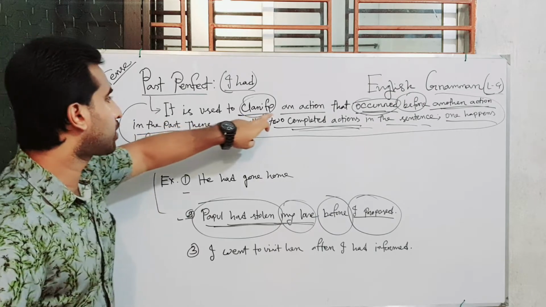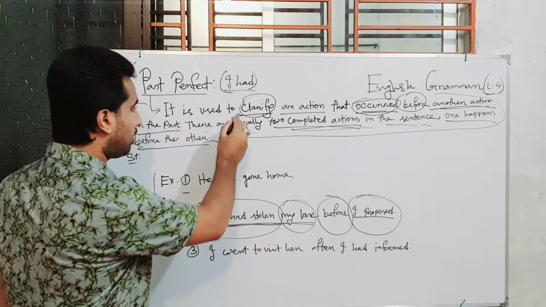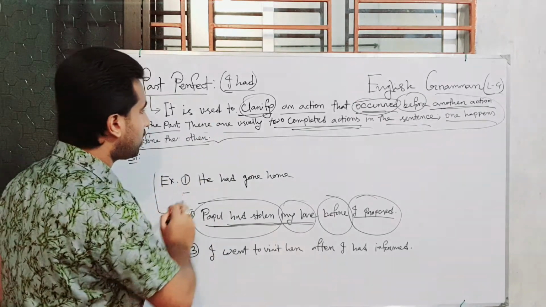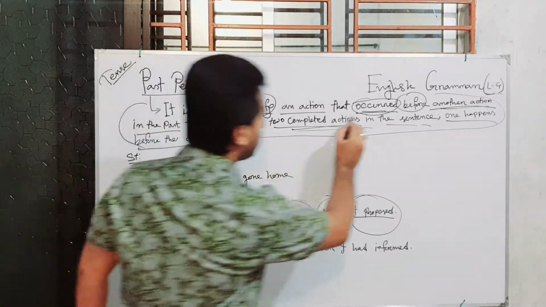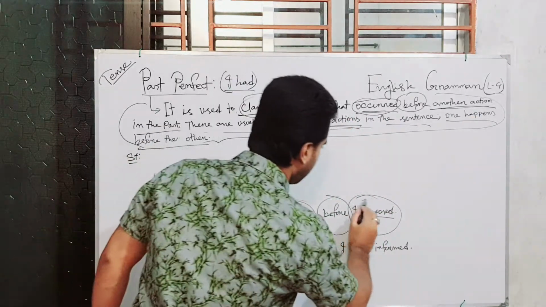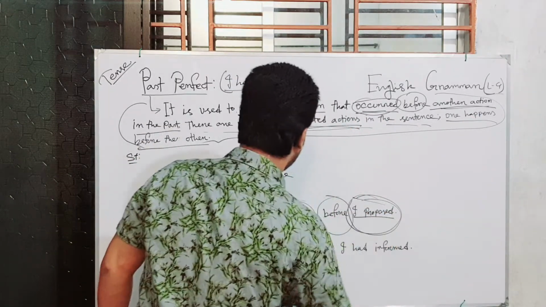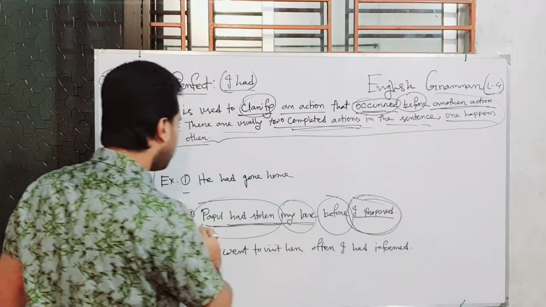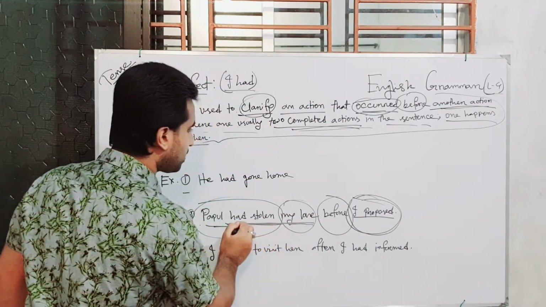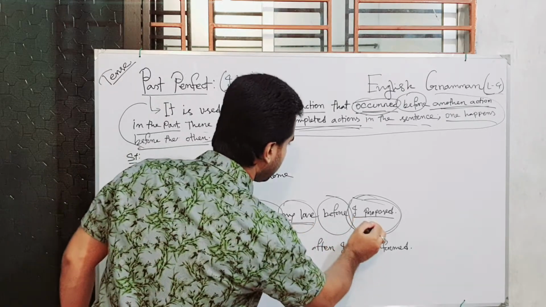So this kind of sentence is past perfect tense. It is used to clarify an action that occurred before another action. Here I proposed is an action, but had stolen my love happens first, then the other happens.